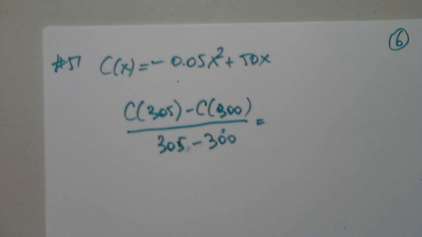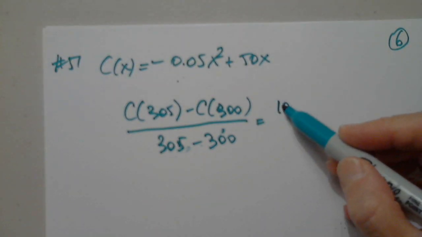So I have negative 0.05 X squared. You know me, I prefer to look at the function. I don't want to do this by hand several times. I just want to plug in quickly 305 and 300. These are integers. That's fine.